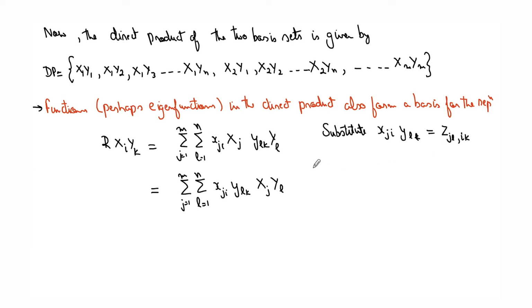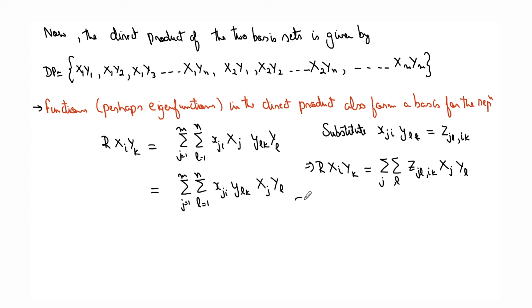Okay, so this means that I can write R xi yk as double summation z jl ik xj yl, right? This is summation over j, this is summation over l. Okay, but what do we have now?